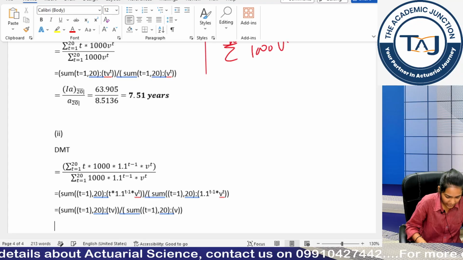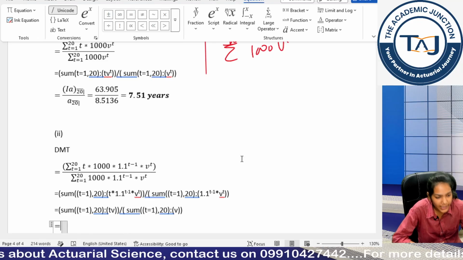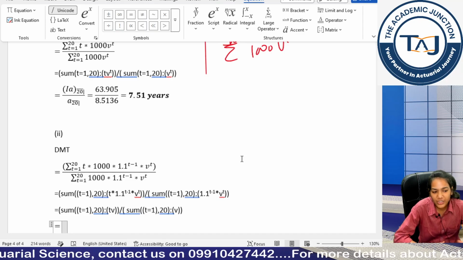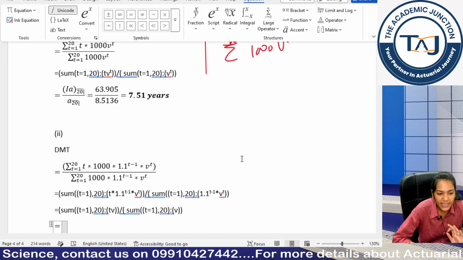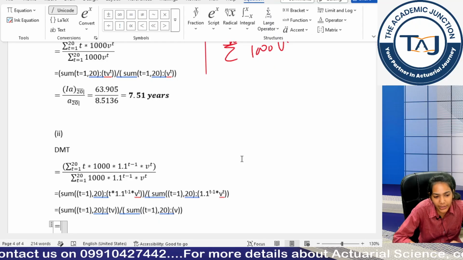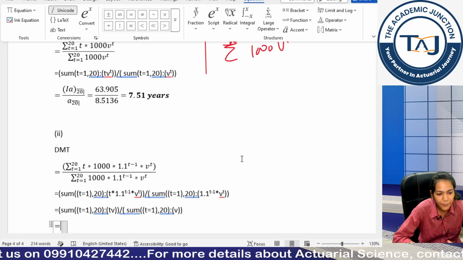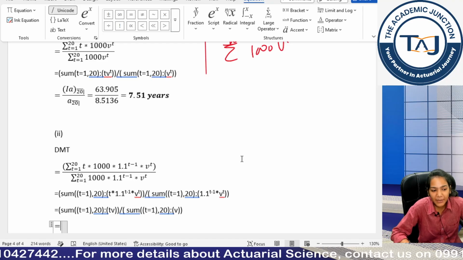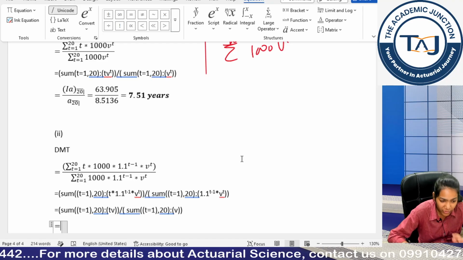Clear? Those who are not attending typing classes live, those who are not typing with me and are just watching the classes, there is no use of such classes for you. Please trust me. If you are not writing the things with me, if you are not dedicating time for typing, then typing would be a lot more difficult in the real exam, trust me.